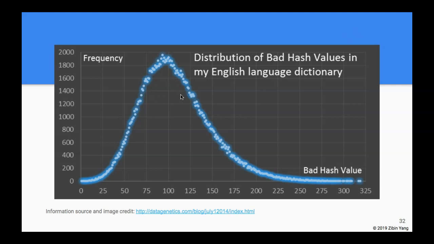Most English words are probably 4 or 5 letters long, and if you add all of them up, they end up in the same general sum in this table. If you want more information about this study, I have a link down here. It's a fun read, and it gives you a deeper understanding of hashing strings.